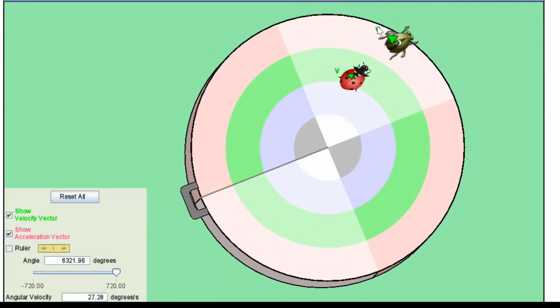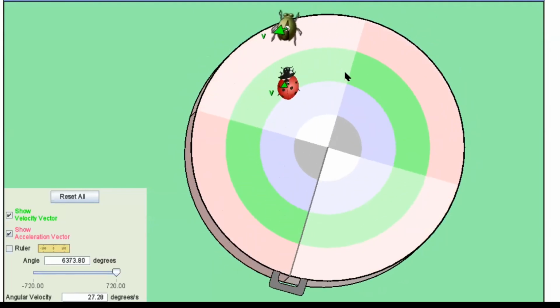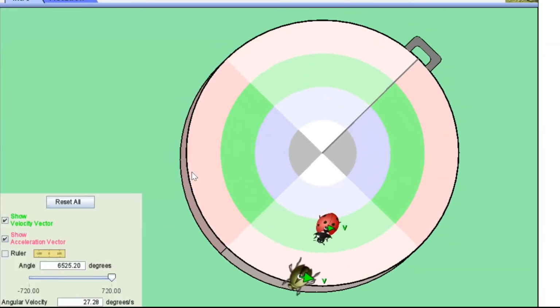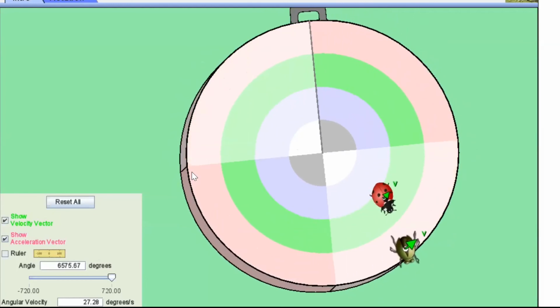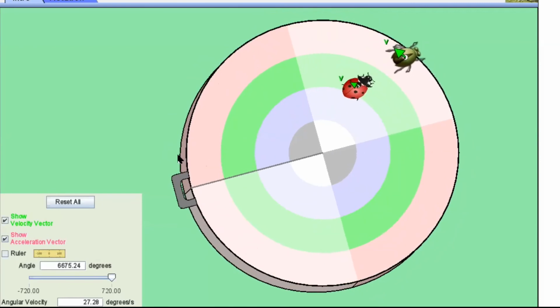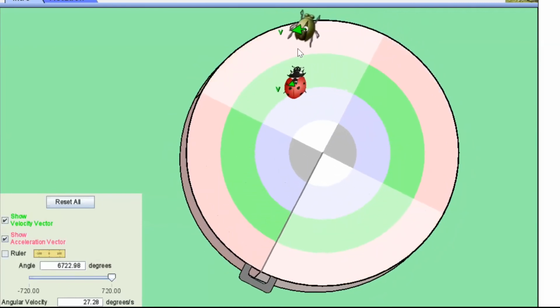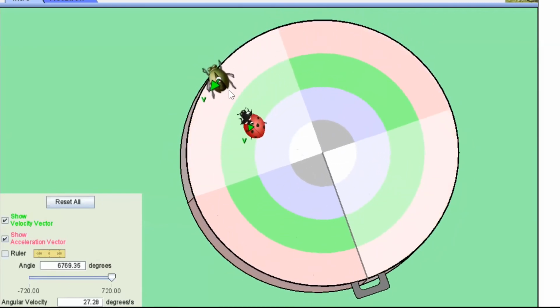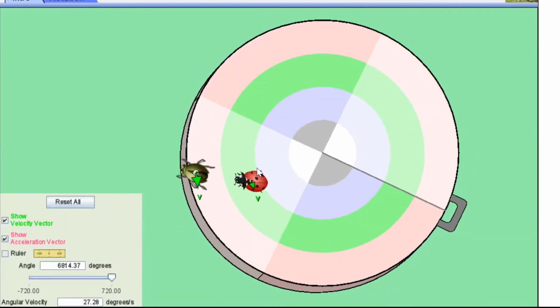But they travel together, so the time taken for both of them is the same. But one of them at the same time travels a larger distance, so the magnitude of speed for this green bug is larger than the red one.